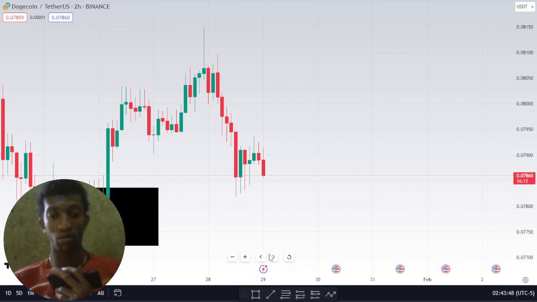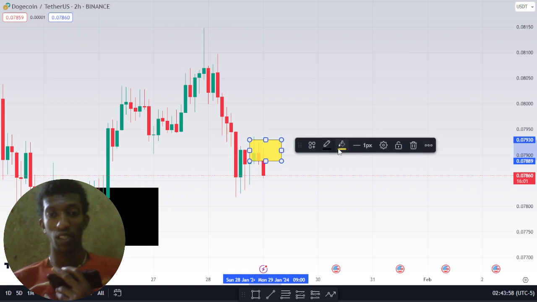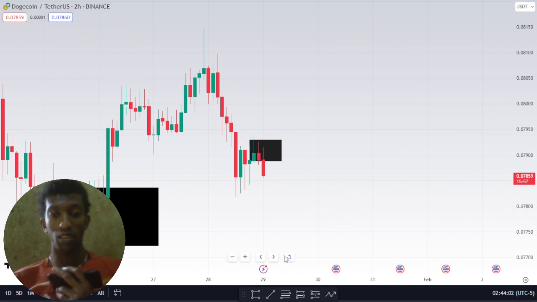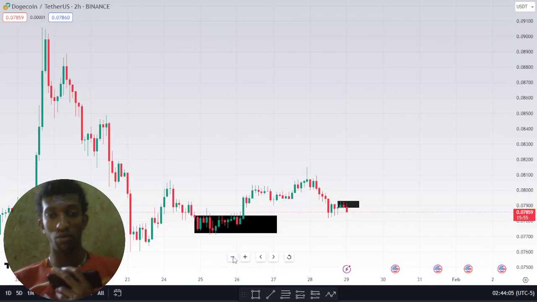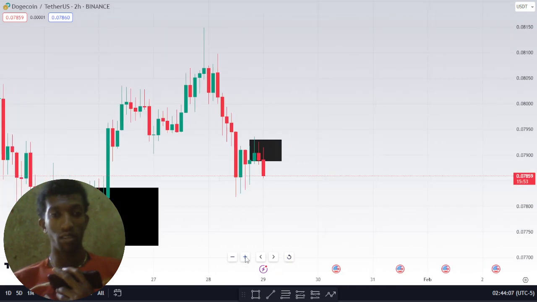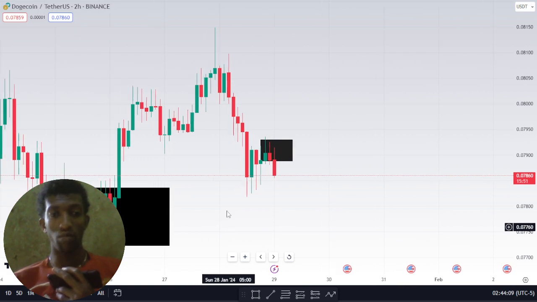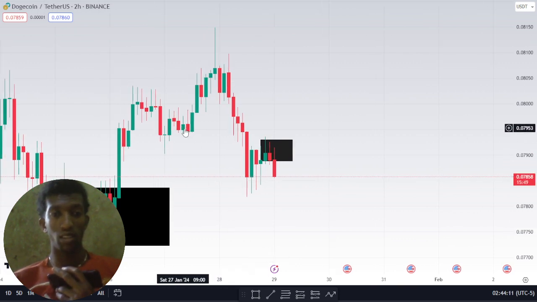So what you gotta do is you just connect this thing, the lows, and you make this thing black, and that is it. You wait for the breakout, and when the breakout happens, you would buy or sell. Right here you would buy, right here you would sell.